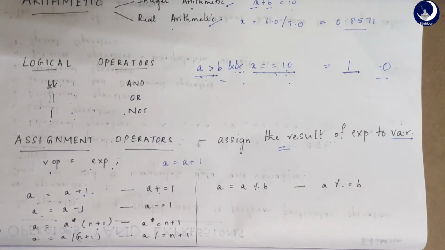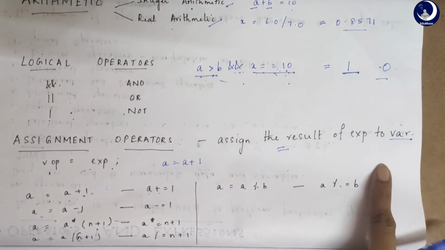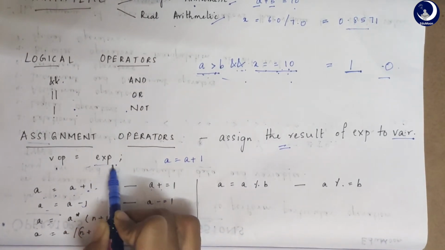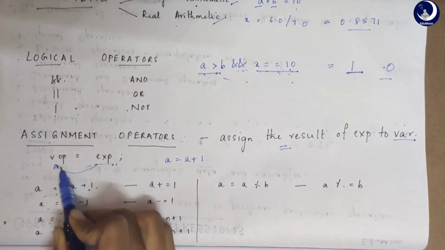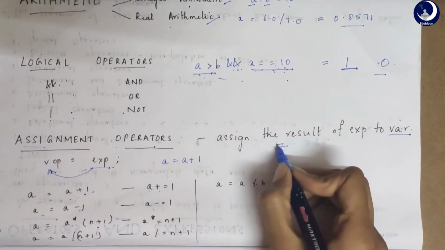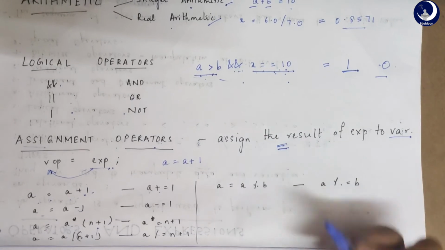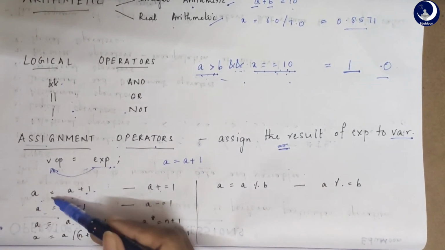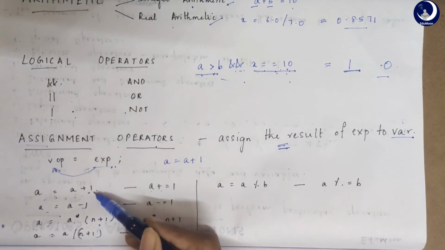Following the logical operators, we have the assignment operators. Assignment operators are used to assign the result of an expression to the variable. So the value of this expression is assigned to this variable. The assignment operator is nothing but equal to, which we already saw in the previous lectures. a is assigned a value of a plus 1.